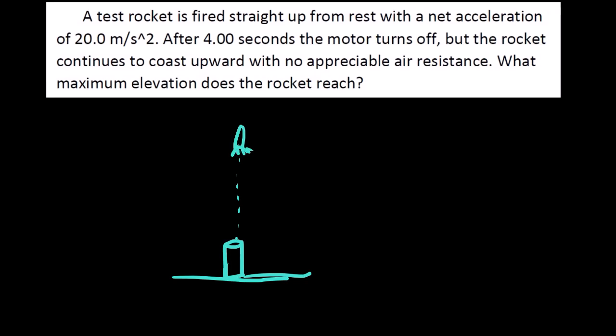So let's say we have point A and point B. So the initial velocity, or the velocity at point A, is 0 meters per second. We're actually going to run out of space.